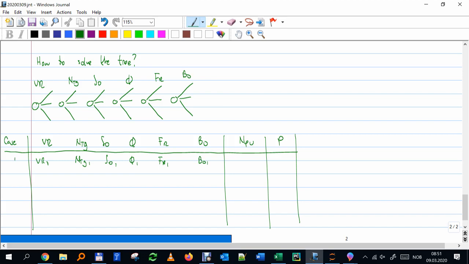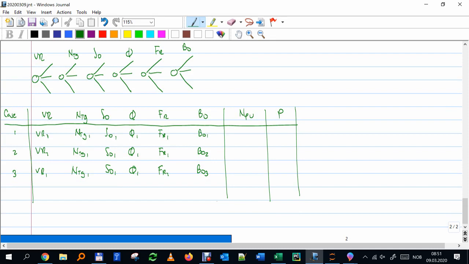Then you change. Case number 2, RV1, NTG1, SO1, Phi1, RF1, BO2. And then 3, RV1, net to gross 1, SO1, Phi1, RF1, BO3. Now you finished with the branch of BO for that particular line.